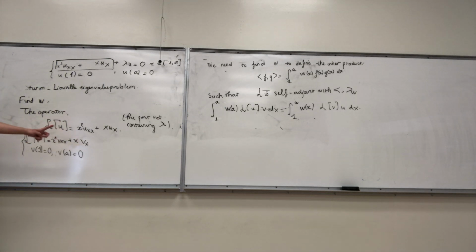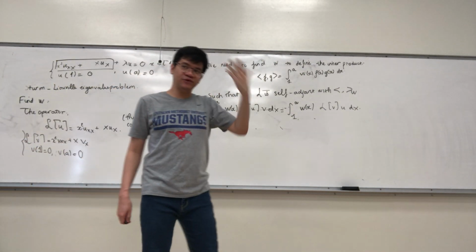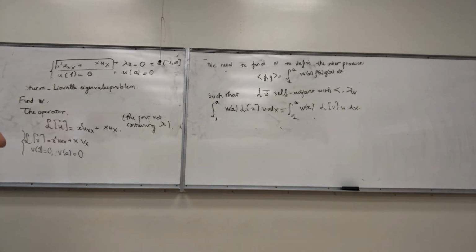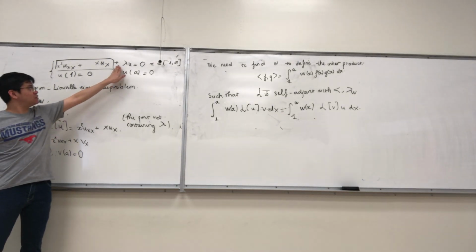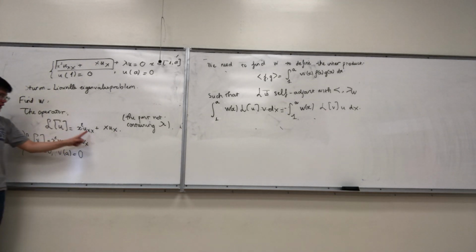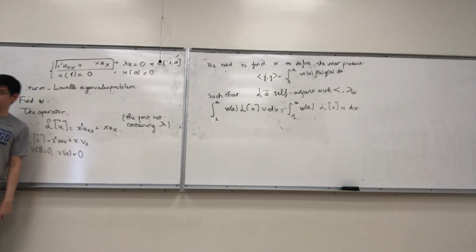So lambda is the eigenvalue. The operator will be the part depending on u, the term that depends on u, and that term doesn't contain lambda. So the operator will be x squared uxx plus x ux.